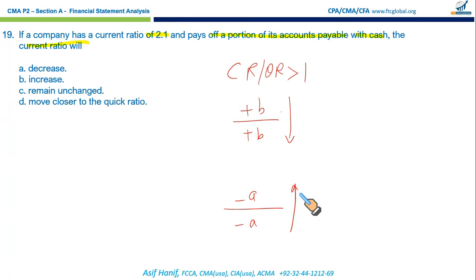It says a company with a current ratio greater than 1, 2.1, pays off a portion of its accounts payable, which means the same amount is deducted from the numerator as well as the denominator, so the ratio would improve, the ratio would increase. Without calculation, we come up with a solution that it would increase.